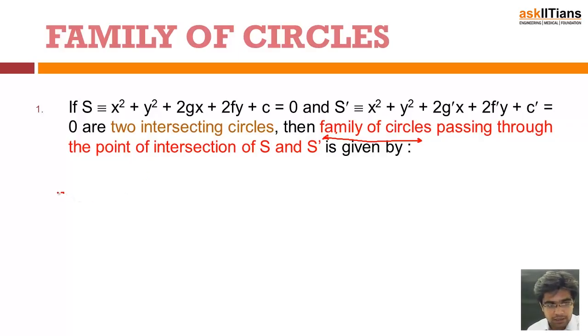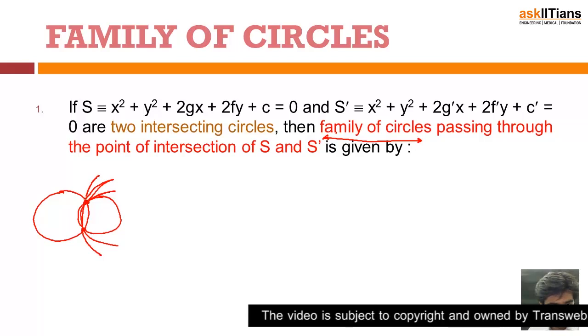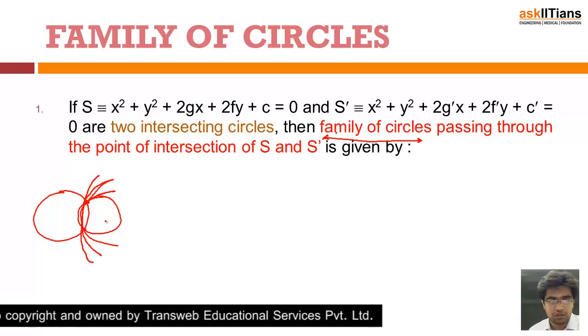This can happen like this. Suppose that this is a circle, this is a circle. From these two points, there are an enormous number of circles that can pass. N number of circles can pass from there.